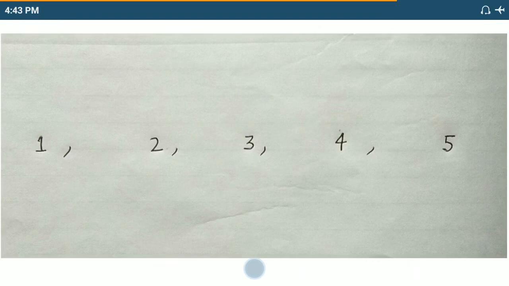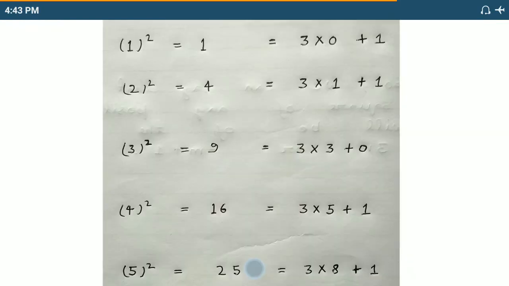So the square of 1, that is 1, can be written as 3 times 0 plus 1. Here 3 zeros are 0 and 0 plus 1 is equal to 1. Again, the square of 2, that is 4, can be written as 3 times 1 plus 1.